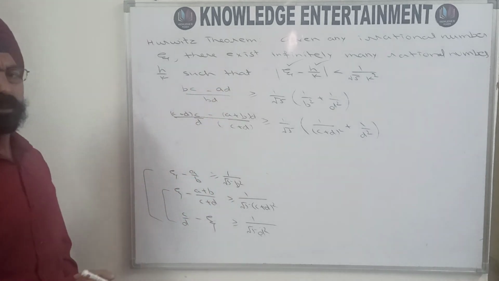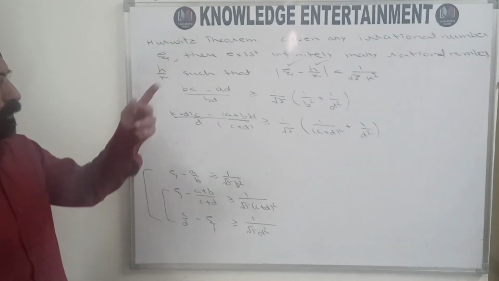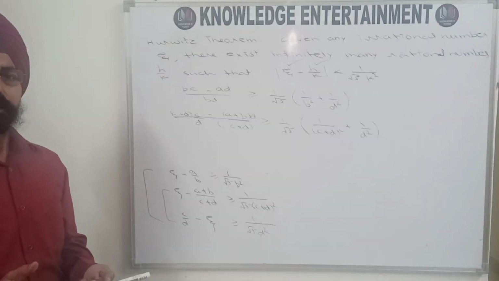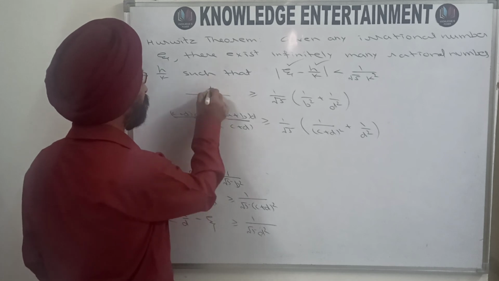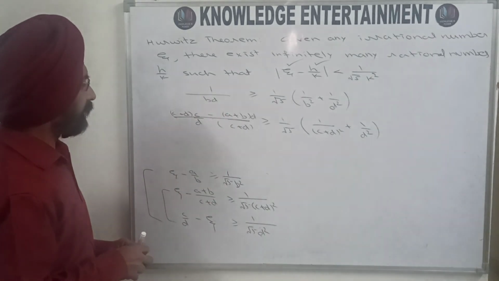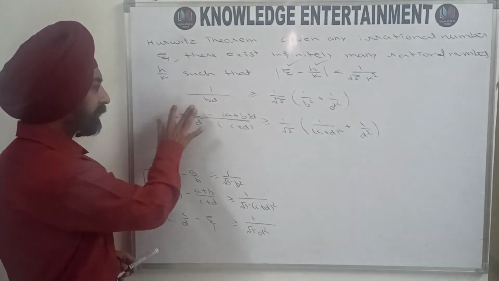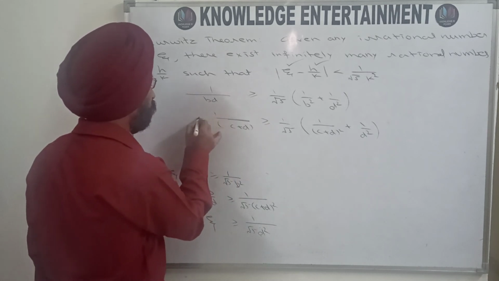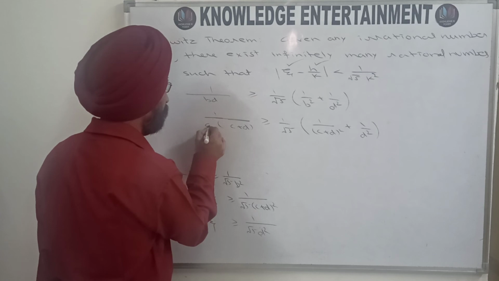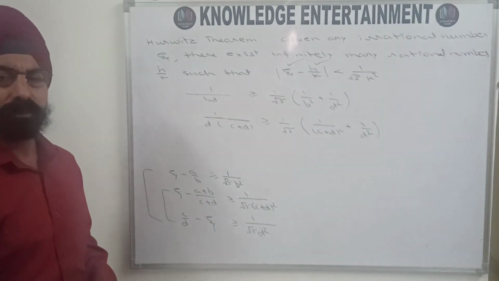BC minus AD is 1 because A upon B and C upon D were consecutive fractions. So this is 1. And similarly, if you solve it, you will get the numerator as 1 once again. So here you will get 1 upon D into C plus D.